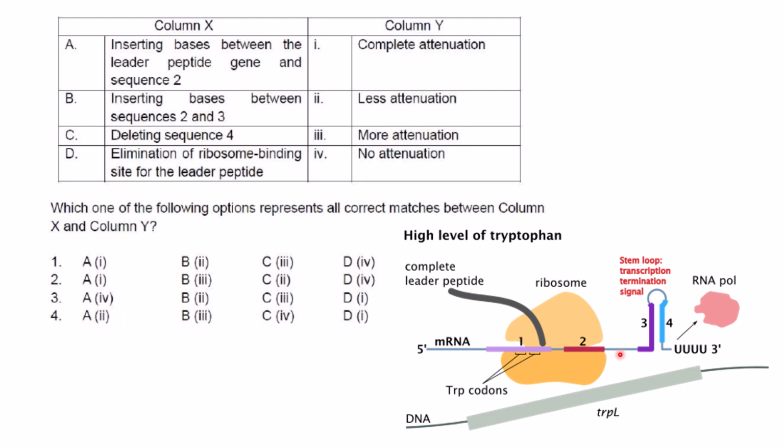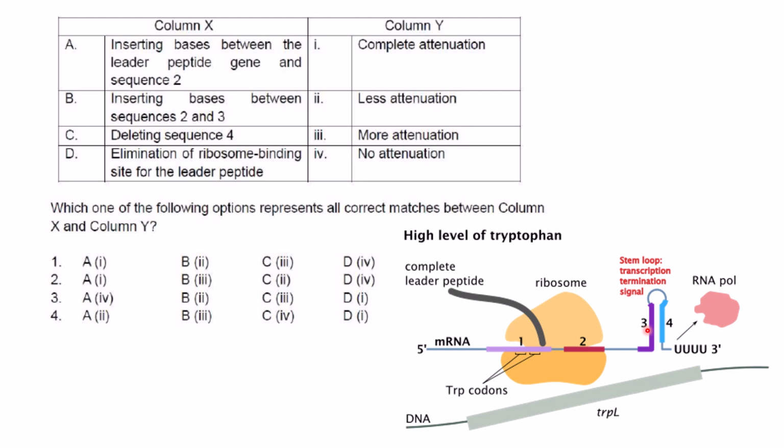Now as a result of that, the sequence 2 cannot get associated with the ribosome complex. So it will be free to pair with region 3. So 2 and 3 will pair together. It will not result in a termination loop, but it will result in an anti-termination loop.